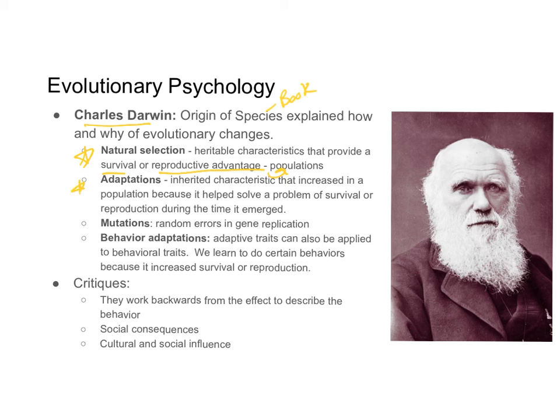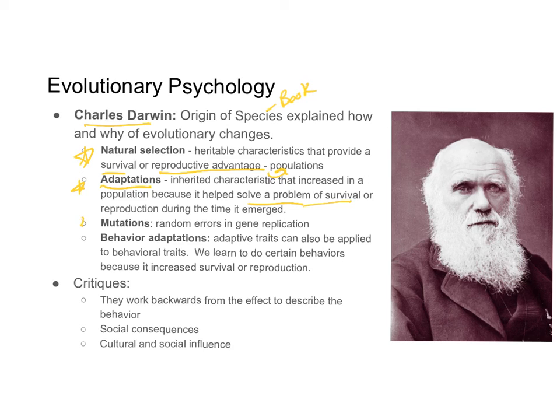The second is adaptations. And these are characteristics that increase the population because it solved a problem of survival or reproduction during the time it emerged. Sickle cell is an example of an adaptation. It prevents people from getting malaria, so it helped solve the problem of survival.